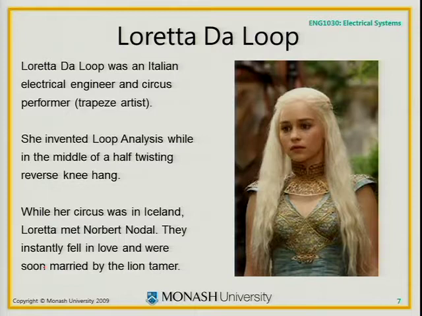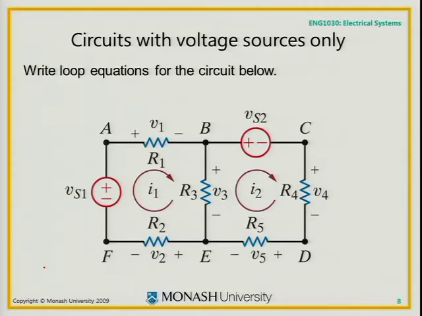While her circus was in Iceland, Loretta met Norbert Nadal. They instantly fell in love and were soon married by the lion tamer. So, Loretta de Loop and Norbert Nadal. What a beautiful love story. History is important. Question 7 on the exam will be about history.